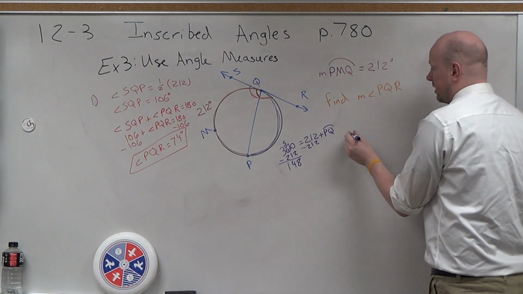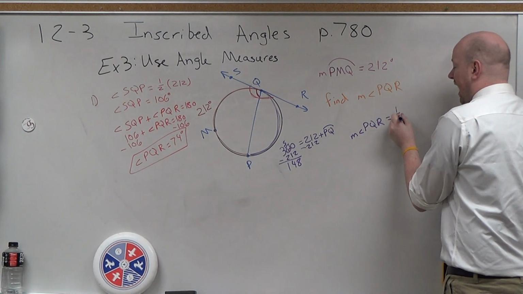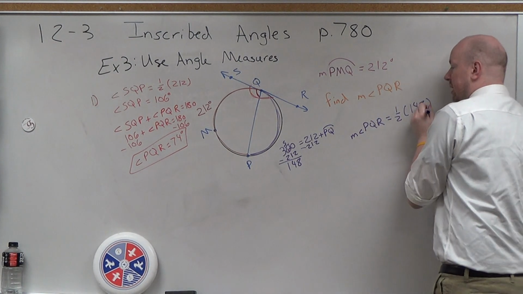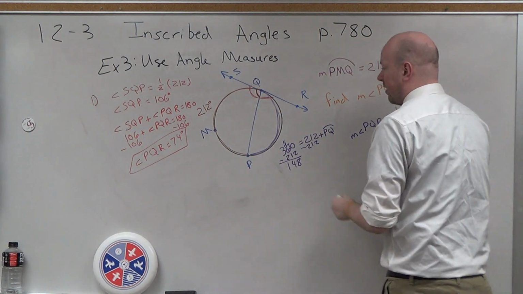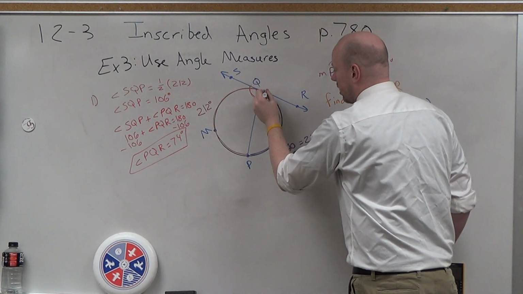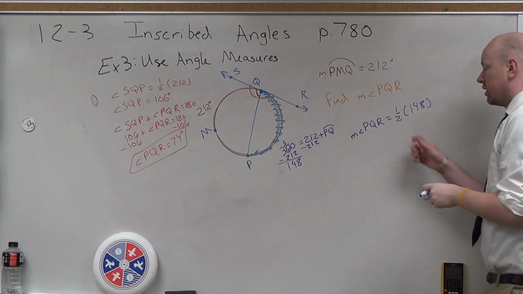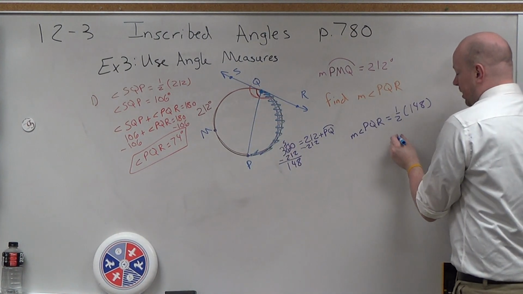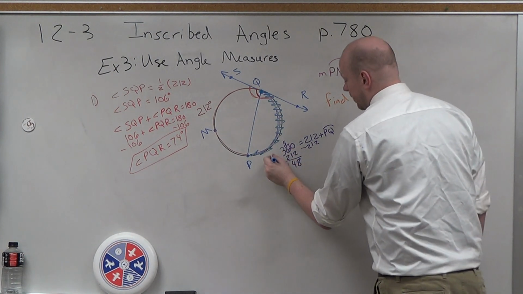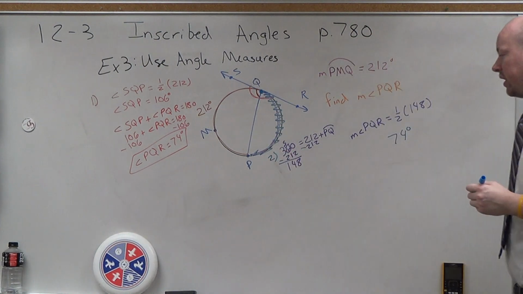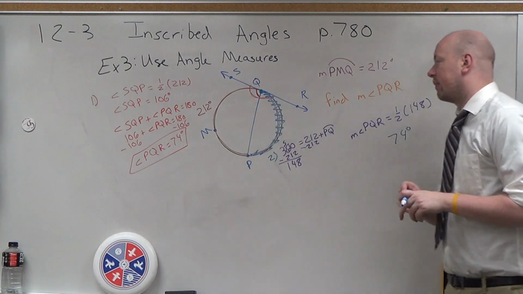And then I would know that the measurement of angle PQR would have to be half that 148, because PQR intercepts that as its arc. PQR is right here, and the arc it intercepts would be that purple value we just found. So I get half of 148, which would be 74 degrees. So that would be the second way you could have gone about solving it. Could have said that this was 212, so the rest has to be 148, and find that value.